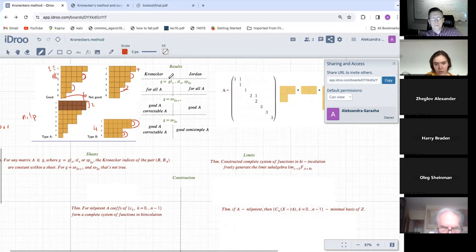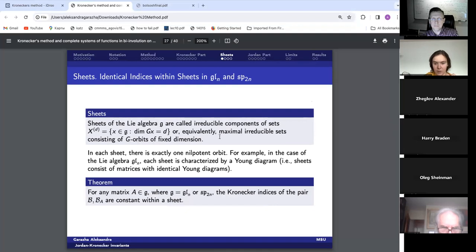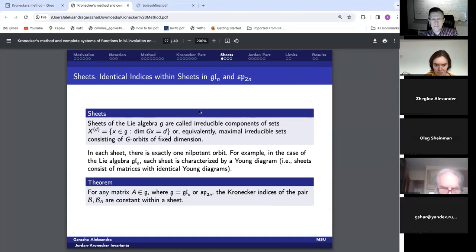For the case of GL_n, for example, sheets are the elements that correspond to the same Young diagram. Maybe I can show it here. Here we can find maximal irreducible sets consisting of G-orbits of fixed dimension. I told it wrong, but yes.